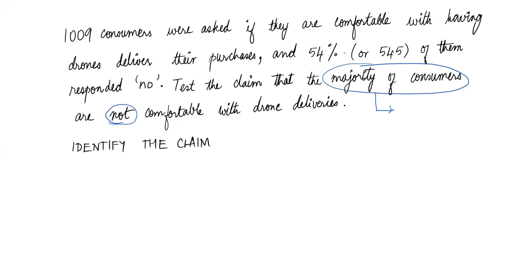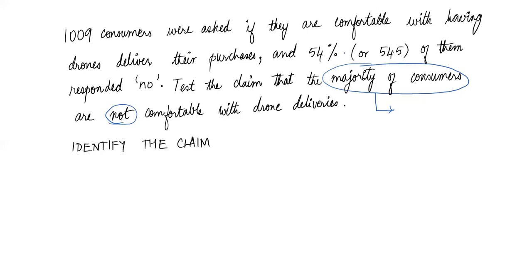That 54% draws your attention to the fact that they're talking about proportion. The claim is about proportion. Also, you can see that the fact that they mentioned the word majority also indicates a proportion. Majority is most of them. So how do you know what the majority is?